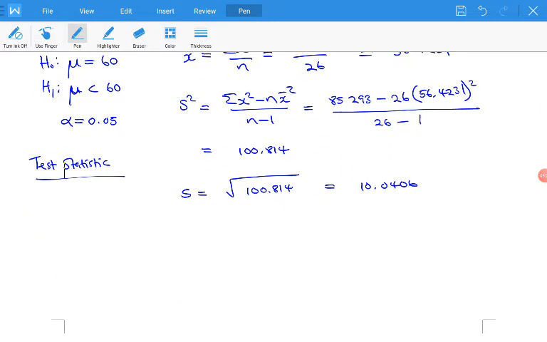So now we are ready to calculate our test statistic. Our test statistic is given by z calc equals x bar minus mu over s over root n.